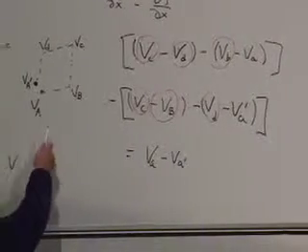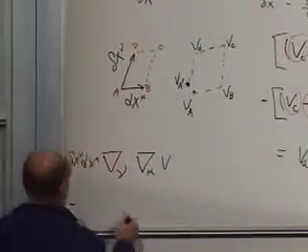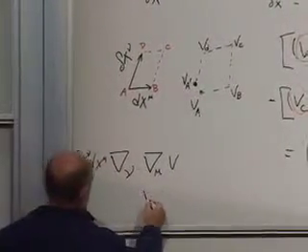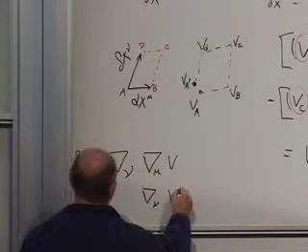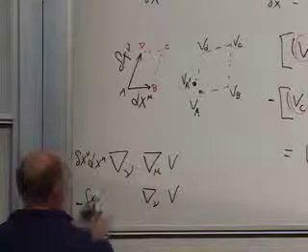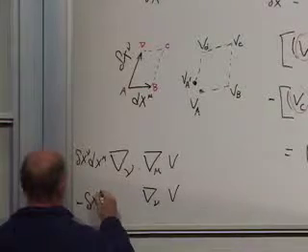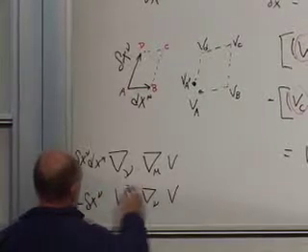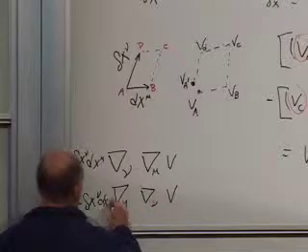VC minus VB is the derivative with respect to the vertical axis. So that's del nu V times delta x nu, and then del mu times dx mu.